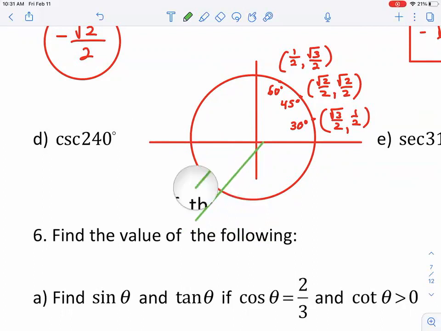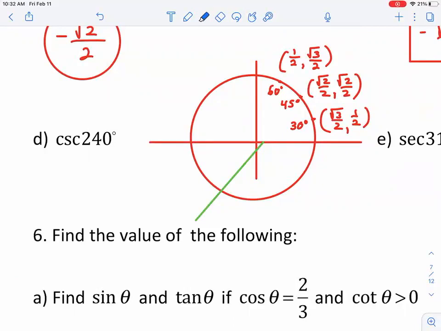So how far past 180 did I go? I must have gone 60 degrees because 180 plus 60 is 240. So my reference angle is 60 degrees.